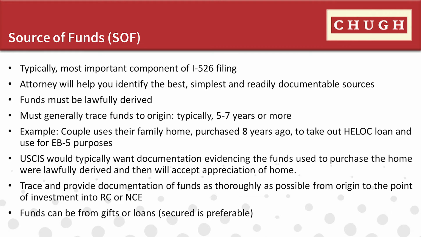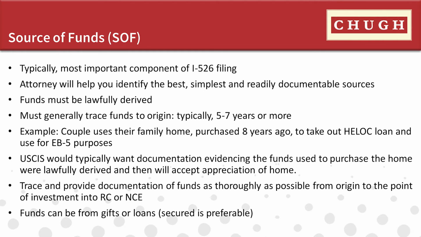So here you may need to go back 8 years and show that the couple had a job and they earned X amount of dollars, they had lawful wages, and let's say they invested 50,000 of those savings acquired over time to buy their first home. Later on, the property appreciates, and ultimately they are able to secure enough money from the HELOC loan to pull out funds. So again, you need to go back and show where the funds came from.